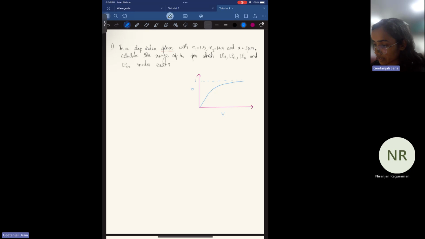So it has no cutoff. It is always guided, which is the LP01 mode. And the second mode, which is the LP11 mode, has a cutoff around 2.4048.